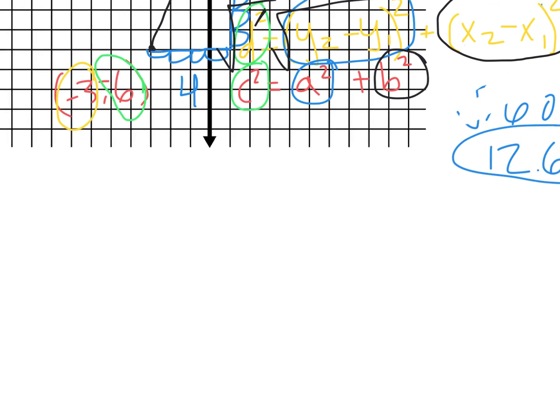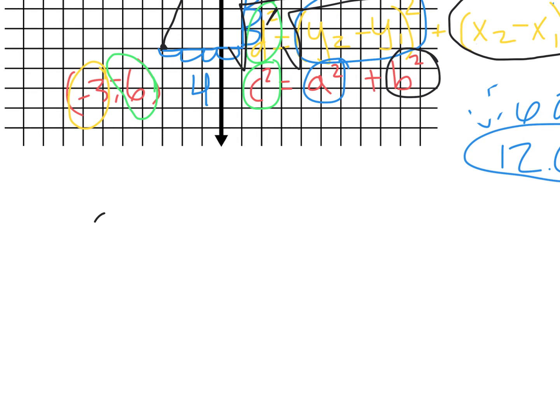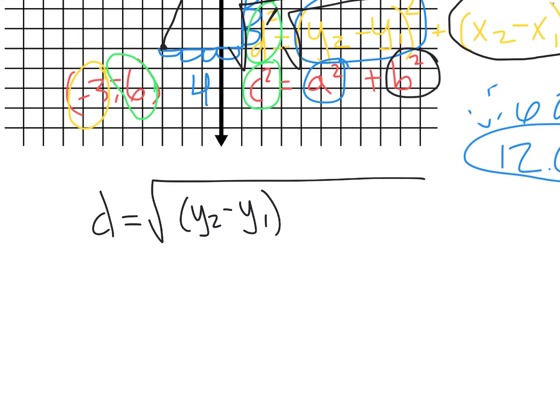So our distance formula could be that the distance d is equal to the square root of y2 minus y1 squared plus x2 minus x1 squared. This is just writing the Pythagorean theorem in a different, more user-friendly way that we can plug coordinates straight into and get a distance.